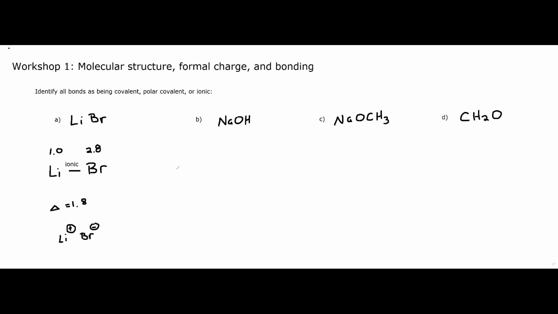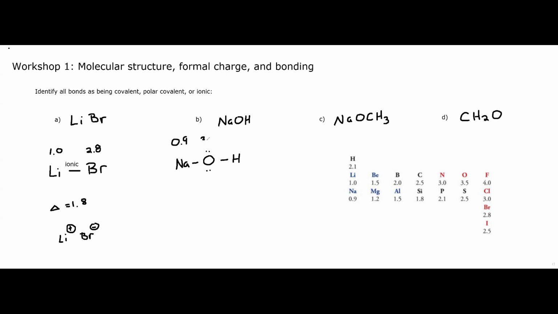What about B? For B, we have a few different bonds. We have Na connected to O, connected to H, NaOH. Let's look up the electronegativity of sodium. For sodium, we have an electronegativity of 0.9.